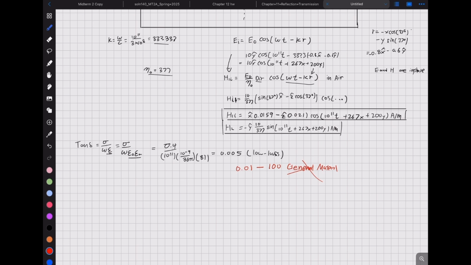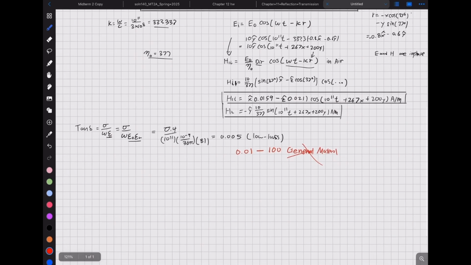So using Snell's law, we have n of incident, sine of incident equals n of t, sine of t.